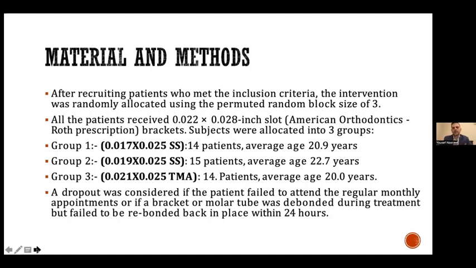If the 7 tube or the bracket on the second molar was debonded for more than 24 hours, and the patient contacted me to include it again in the wire, it needed to be dropped out because some variability had happened to the curve of Spee, and the second molar may be inclined or angulated a little bit. So it's difficult to put a stainless steel wire into an inclined molar.